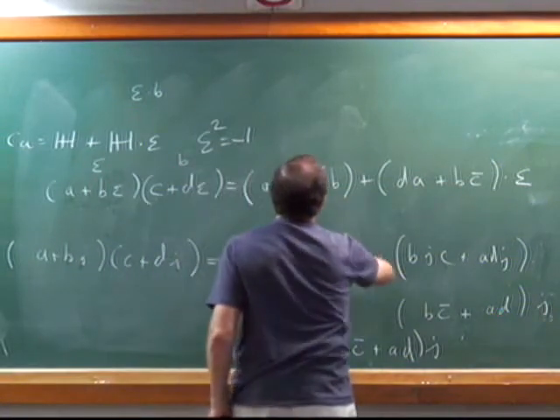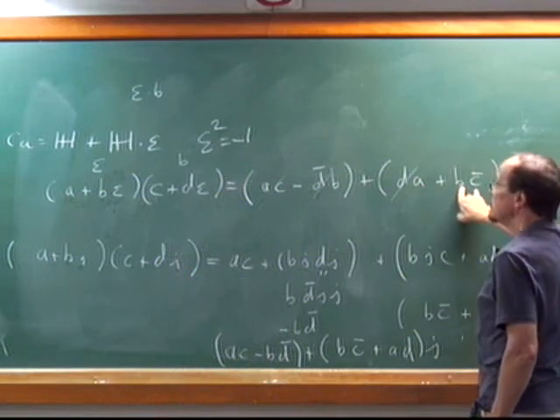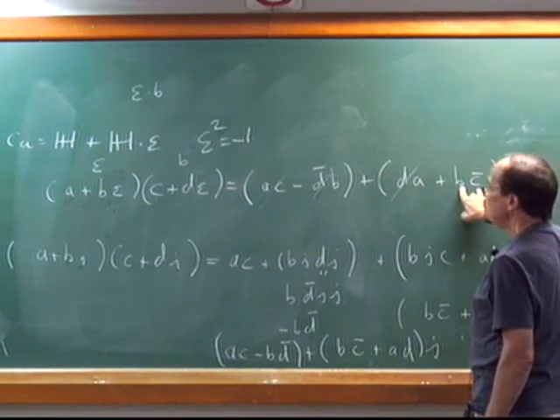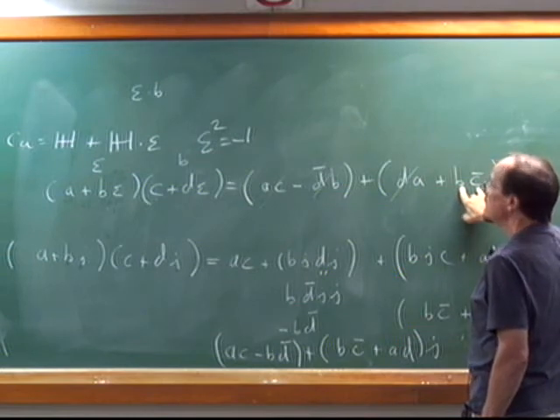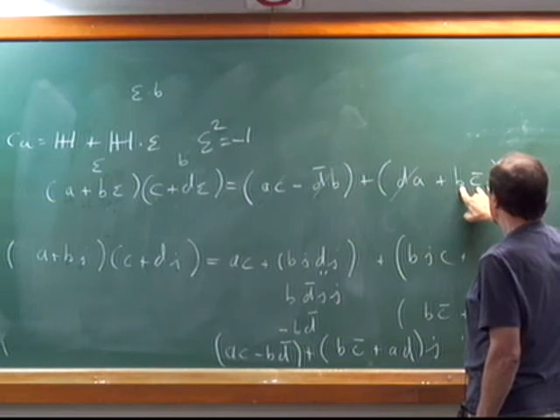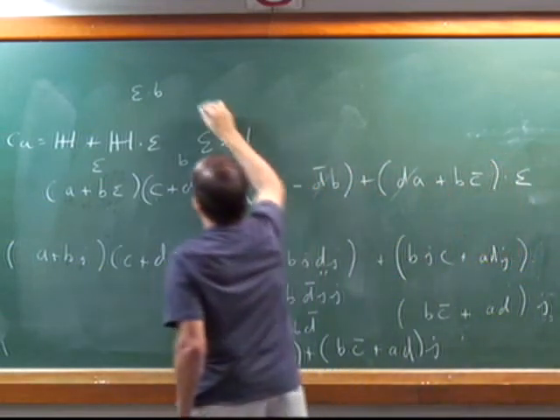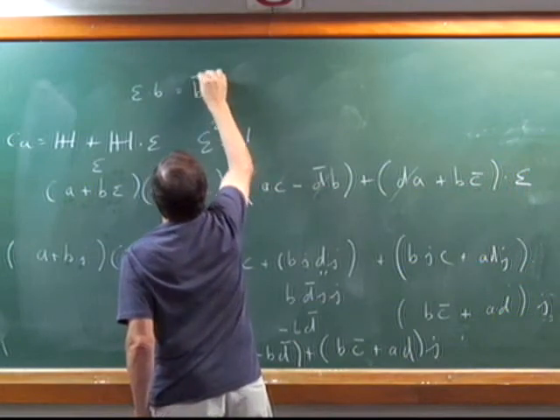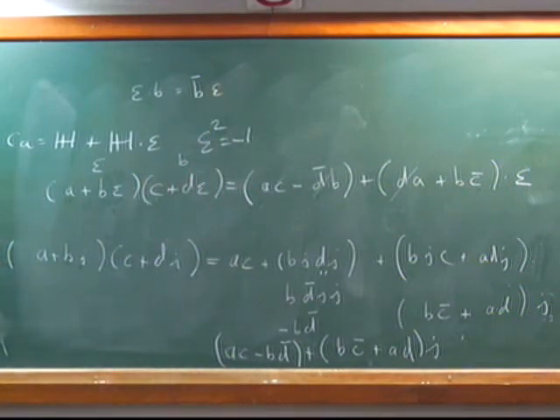A is 0, this goes away, d is 0, b was 1, and c was b bar. So it's b bar epsilon. So epsilon b is b bar epsilon.